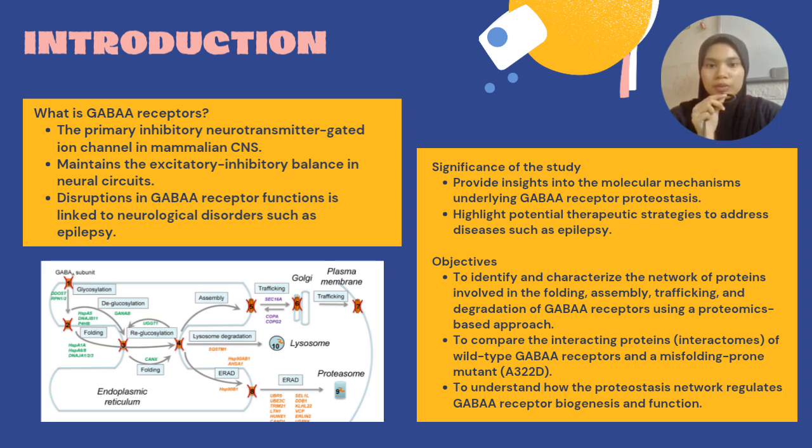The properly folded subunits will assemble into a heteropentamer in the ER for subsequent trafficking to the plasma membrane. But the unassembled and misfolded subunits will be subjected to the ER-associated degradation pathway by the proteasome or lysosome-related degradation. That is all for the introduction.